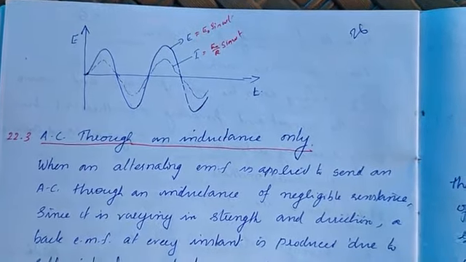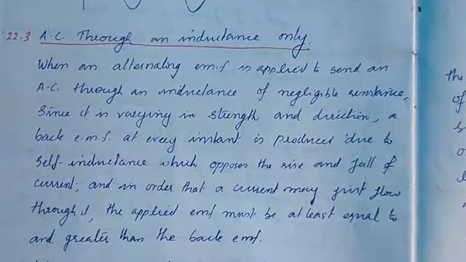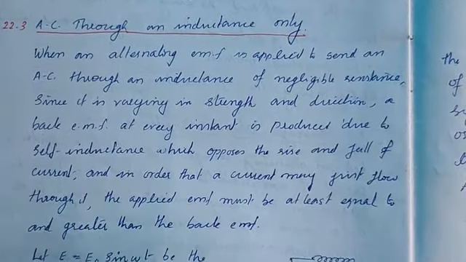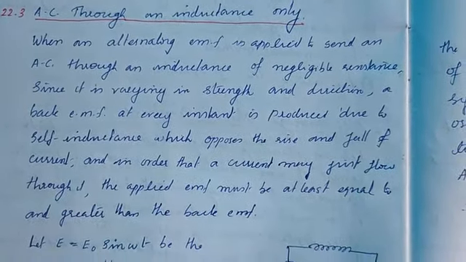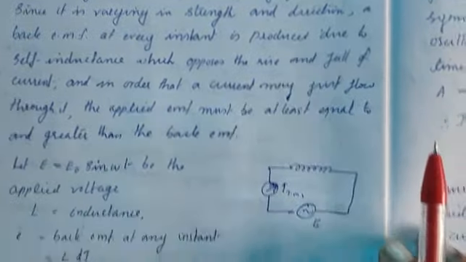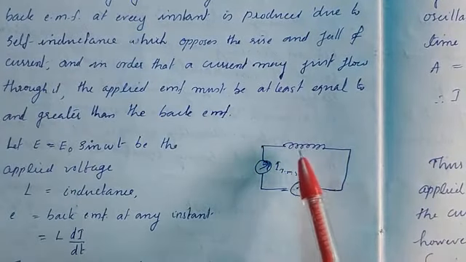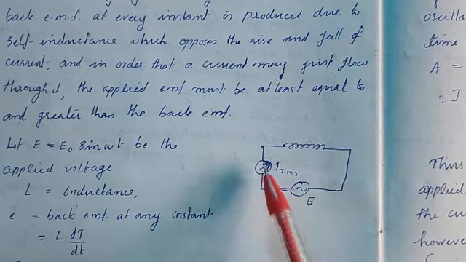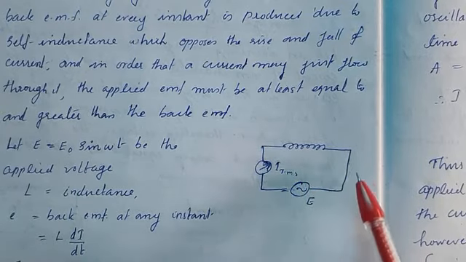Okay. Next we will consider AC through an inductance only. An inductance circuit. So we will consider a circuit in which AC is applied through an inductor coil.